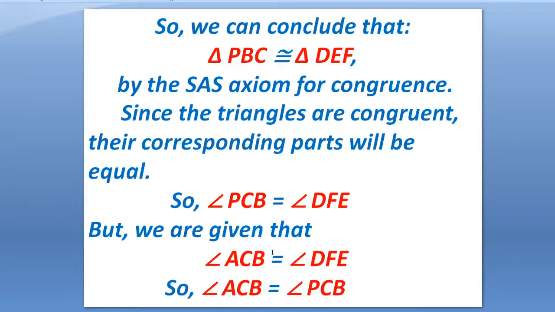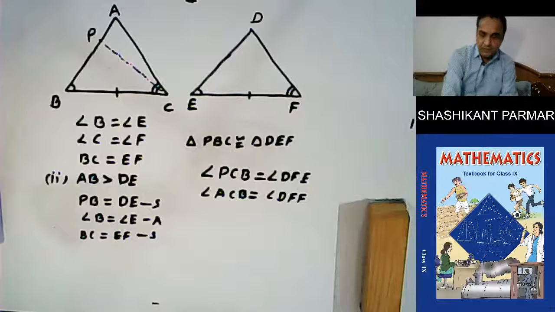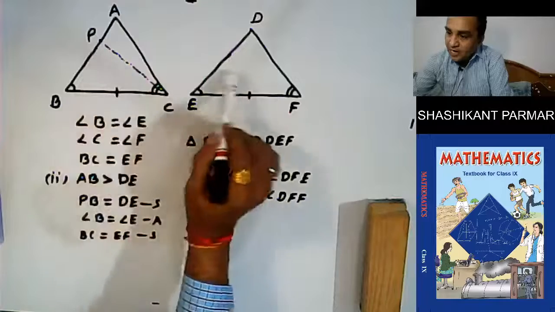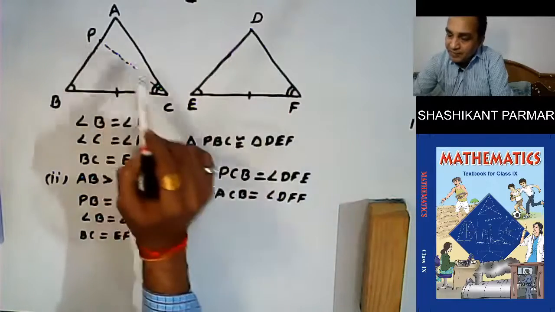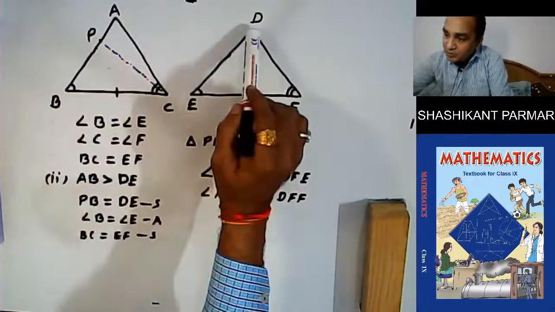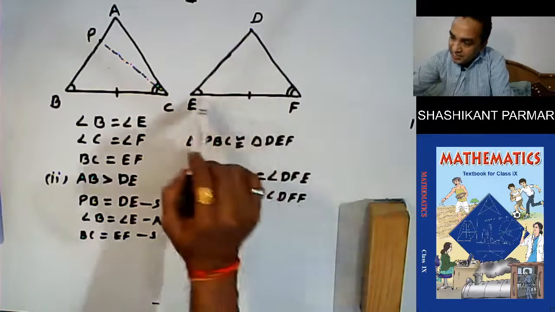But we have given that angle ABC and DFE are equal. If these two triangles are congruent, then angle PCB is equal to DFE.